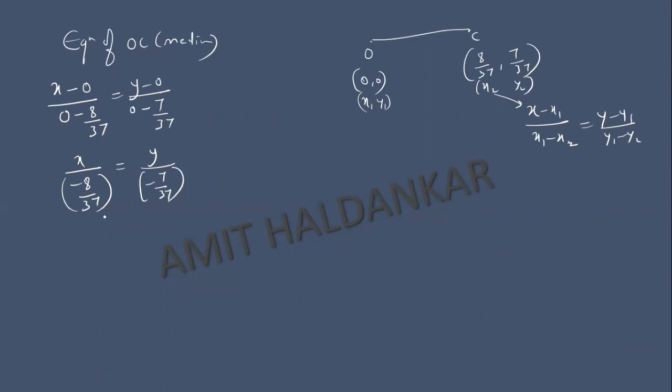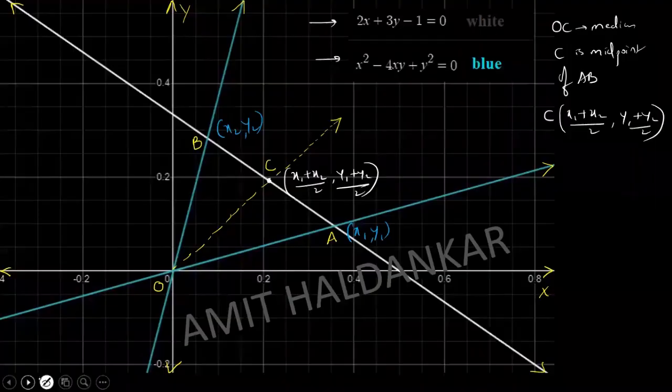When you cross multiply, the 37s will cancel, minus minus will cancel, you will get 7x is equal to 8y. Therefore 7x minus 8y is equal to 0 is the answer. So this is your final answer, 7x minus 8y is equal to 0. This is the equation of the median.